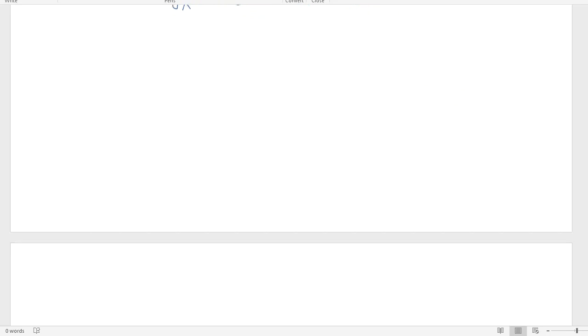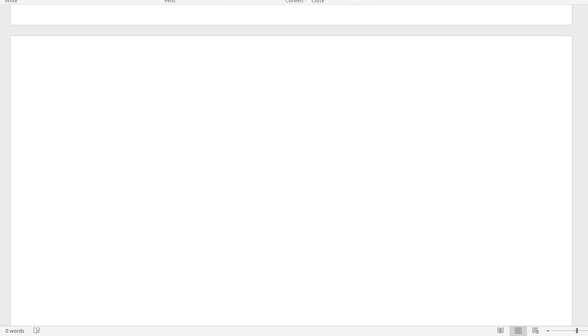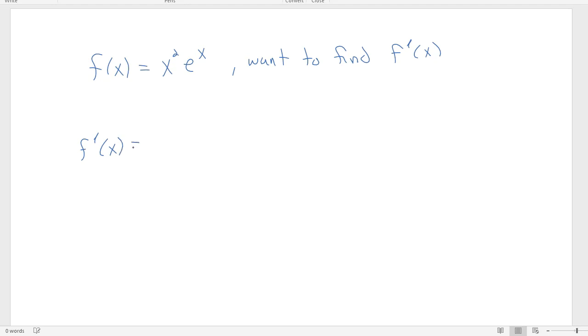Let me go ahead and start a new page. Let's suppose we have f of x equals x squared times e to the x, and we want to find f prime. If I follow my product rule, finding f prime means I'm going to take the derivative of this product, x squared e to the x.